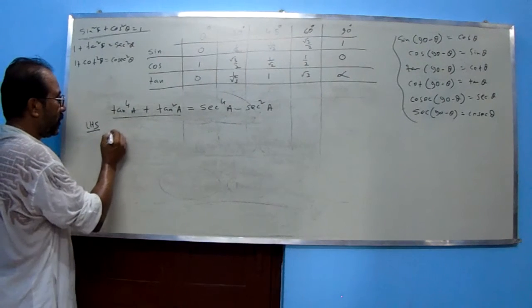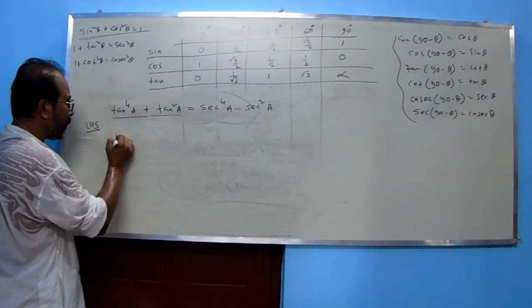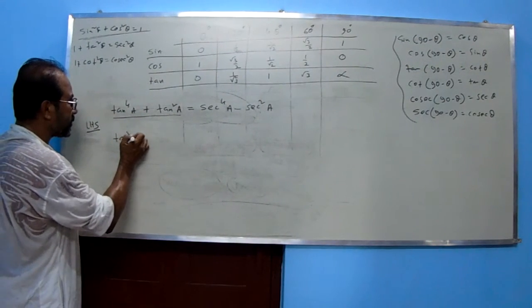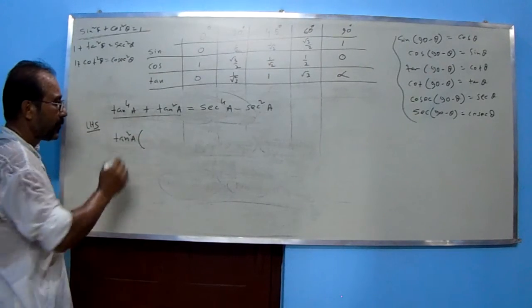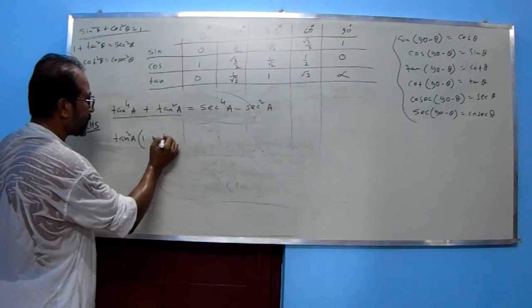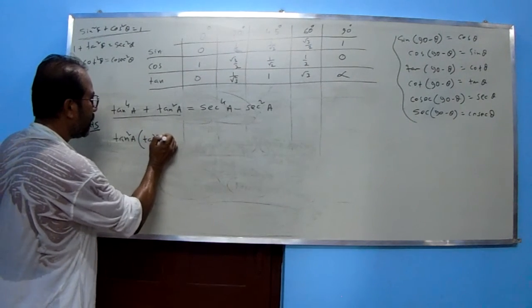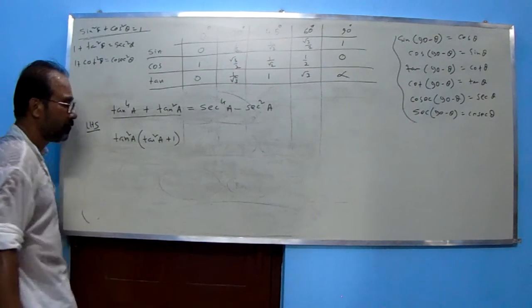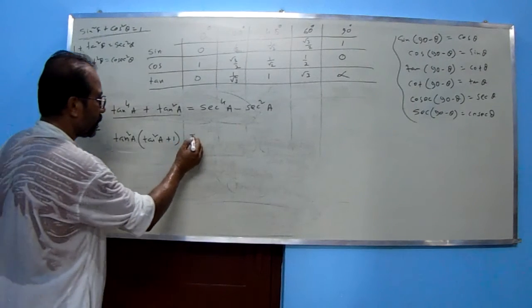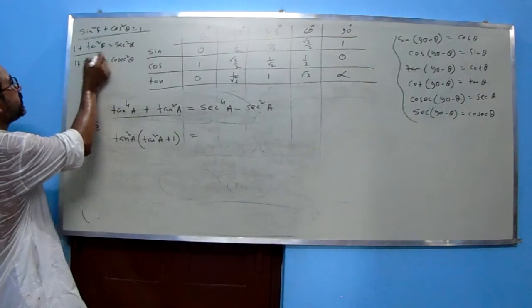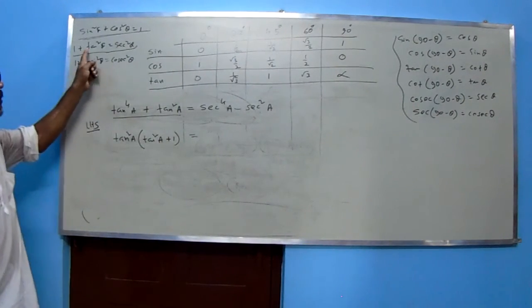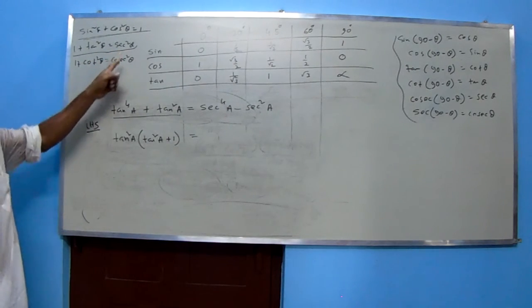How? From here, if I take common tan square a, then it is tan square a within bracket, tan square a plus 1, which equals 1 plus tan square. 1 plus tan square means it is sec square.